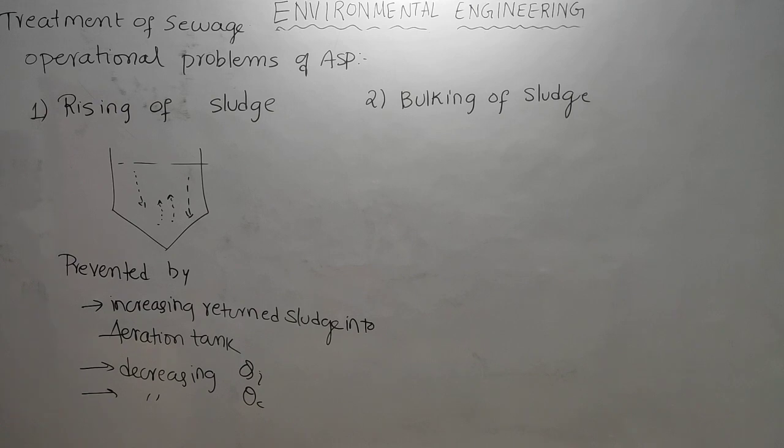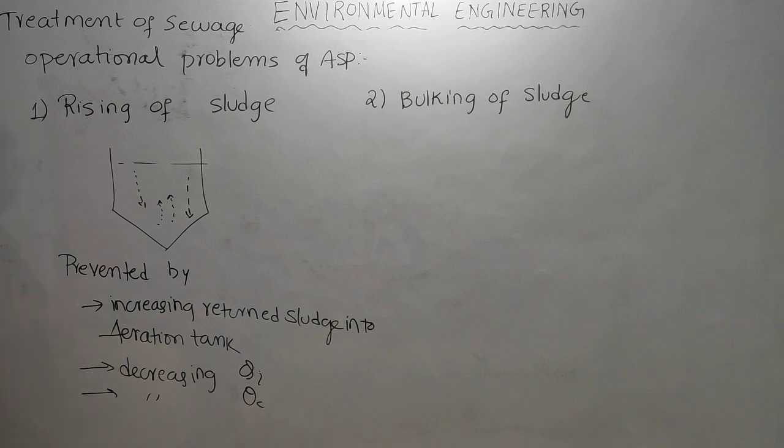If you are finding a large number of dead cells inside the sludge which is present inside the secondary sedimentation tank, these dead cells will absorb the water and increase its volume. So that is nothing but bulking of sludge.